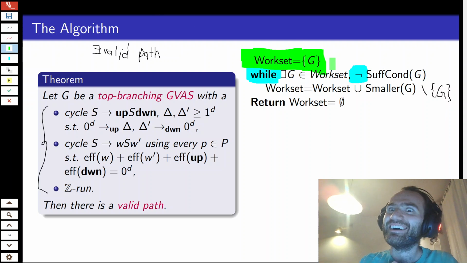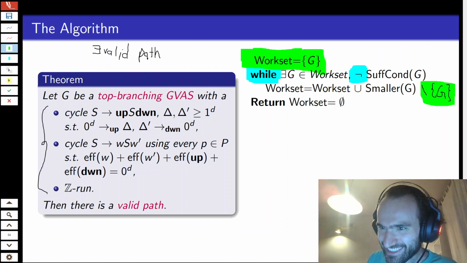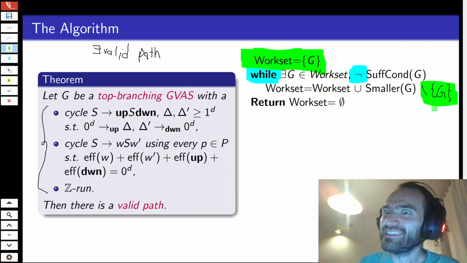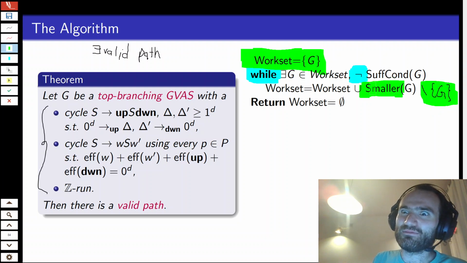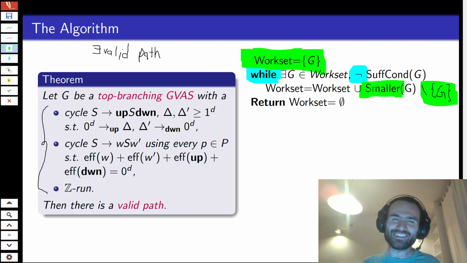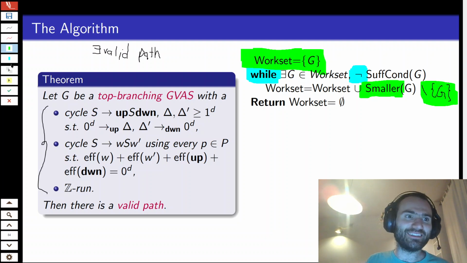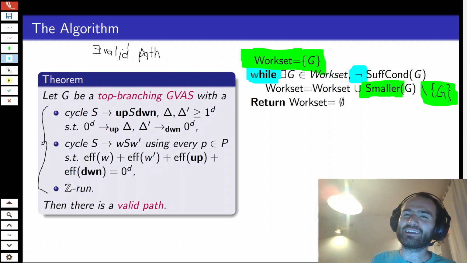While there exists a G that does not fulfill the sufficient condition, we update the work set by removing G and adding something that is smaller than G. So if the sufficient condition does not hold, compute some kind of GVAS that is smaller in some sense, a sense that is not defined yet. But then finally, once we exit the while loop, we will return the work set.